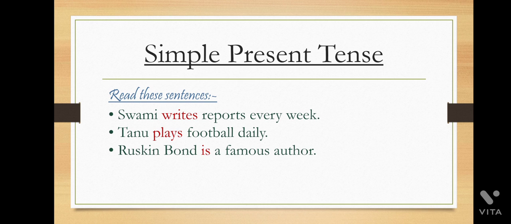Ruskin Bond is a famous author. Can you all see the highlighted words, the red color words? The highlighted verbs tell us about actions that happen daily as a routine or are universal facts.